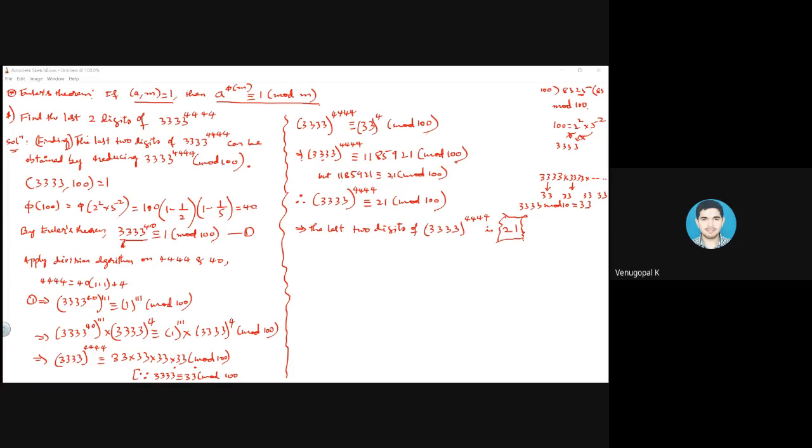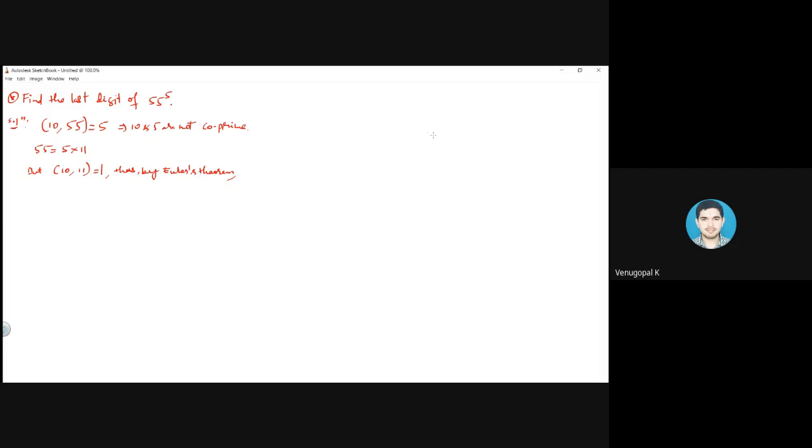Of course, 3333. So here we want the base to be 55. We start with 11, because a and m we can choose however we want, but this is the base we want. So 11 power phi of 10 is congruent to 1 mod 10.